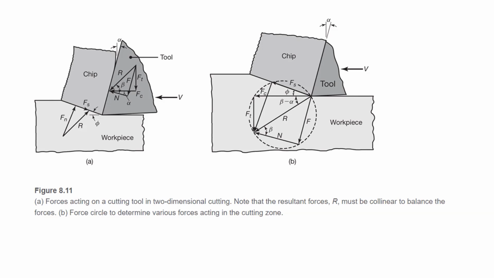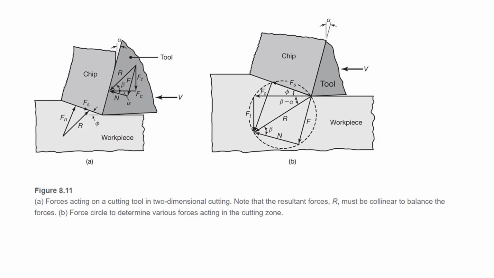The resultant force can be decomposed into F, capital F, which is along the rake face. This is the friction force, because of friction. N is the other component, perpendicular to F. N is along the shear plane, we call it the shear plane. So F is along the rake face, N is along the shear plane.